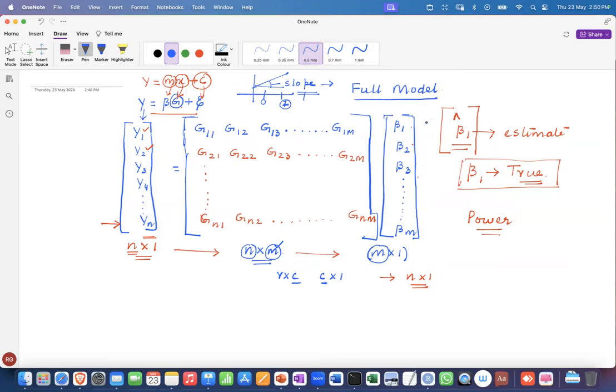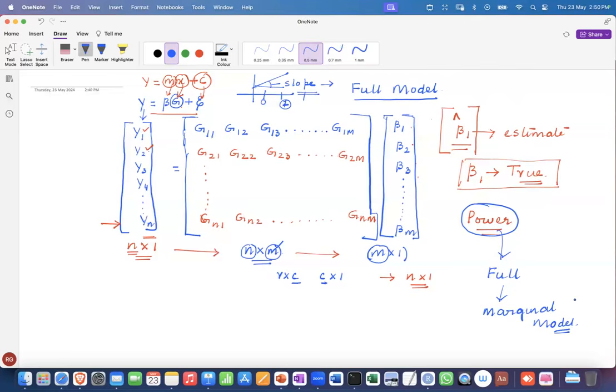Now, since this has a constraint that you will not have the power to estimate all the true effects in one single go, we'll have to reduce this full model to a model called the marginal model. And we'll talk about the marginal model now. And what is this marginal model?